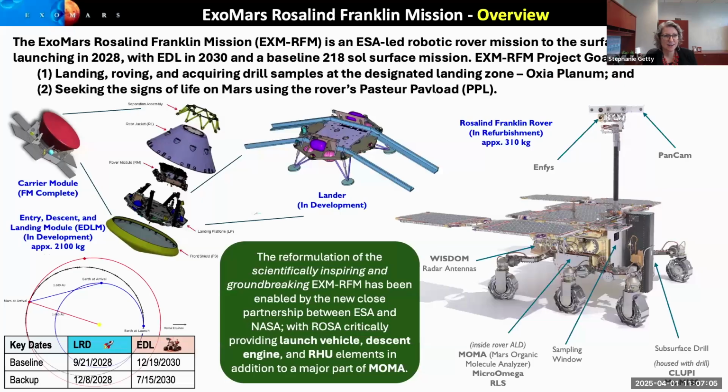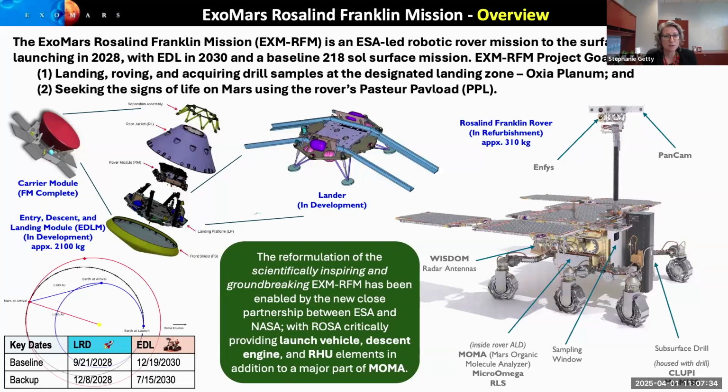Excellent. All right, so let's turn to ExoMars. At Goddard here with our international partners, we've been following the scrappy, persistent MoMA development over its long history. This instrument and the rover are on track to launch in 2028.